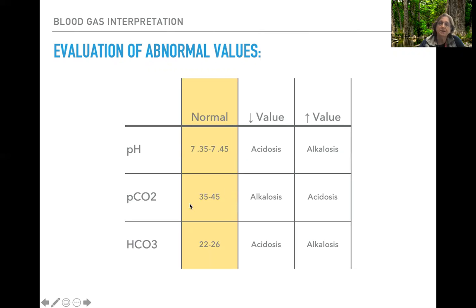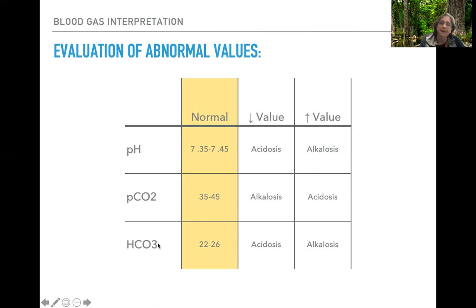So your normal PCO2 is 35 to 45. If your CO2 is less than 35, so there's less CO2 in there, less acid, it's an alkalosis. If your CO2 is greater than 45, more CO2, more acid, it's acidotic.